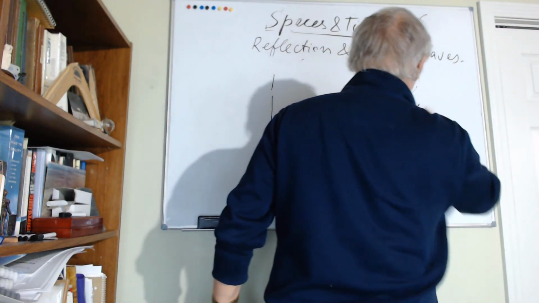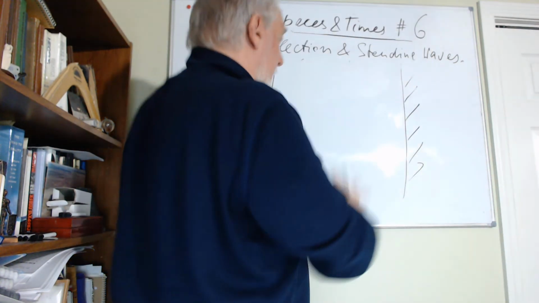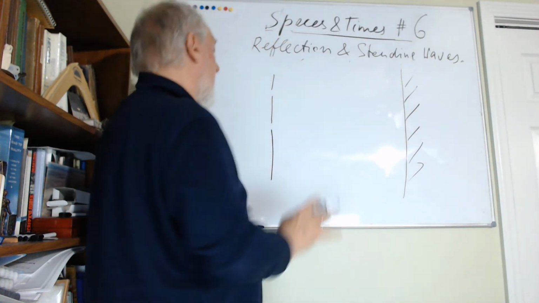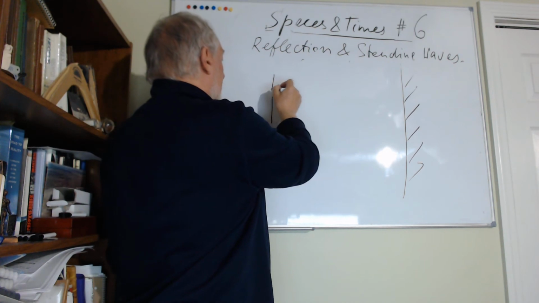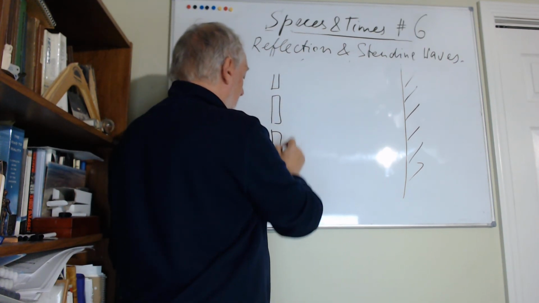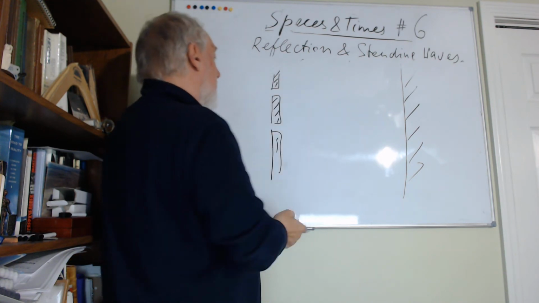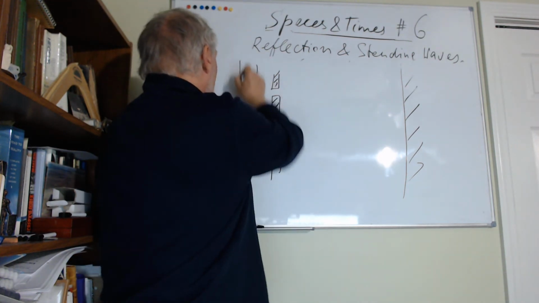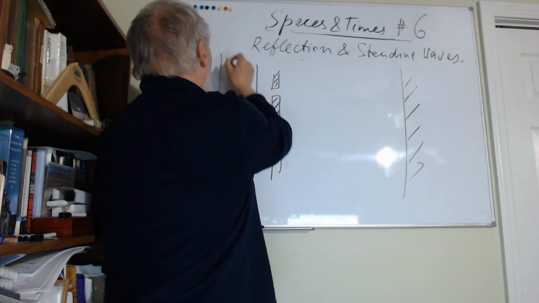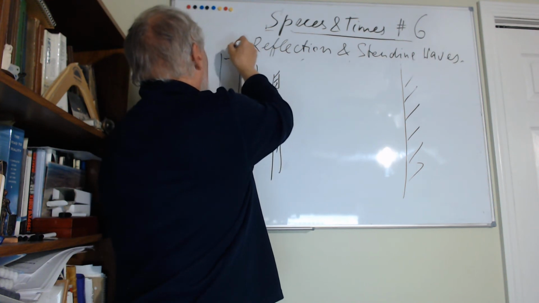I'll tell a little, just for you to be in the same phase. We have the double slit experiment, right? There's a wall and there are two slits. We have waves coming here, and this is lambda.